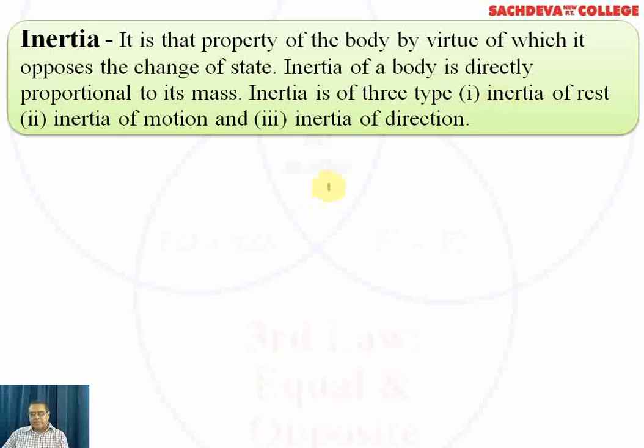And the inertia of direction. For inertia of direction, normally we take an example like a hound chasing a rabbit. If the rabbit is moving in a straight line and the hound is also moving in a straight line, the hound will catch hold of the rabbit. But in order to save itself, the rabbit starts moving in a zigzag motion, changing its direction at different instants of time.